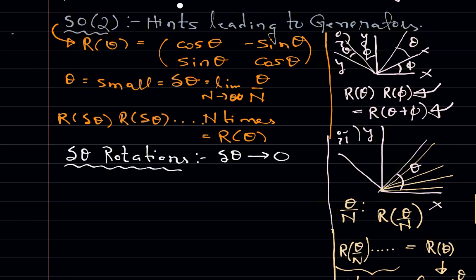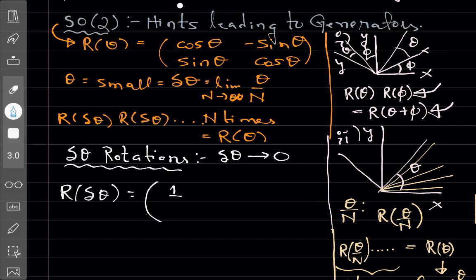Now if delta theta is very very small, tell me what happens to R of delta theta. I will have cos of delta theta, and cos of a very small angle, which tends to 0, is 1.